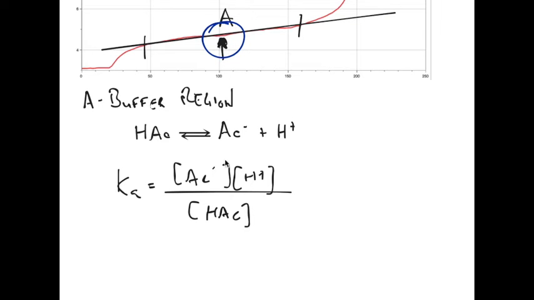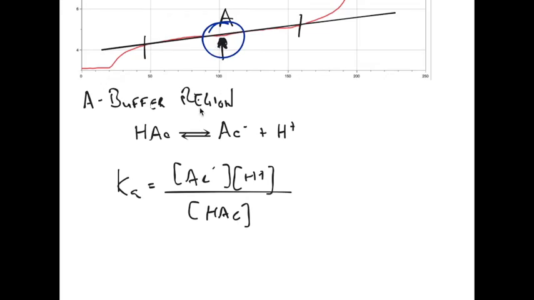We also know that we're going to have a special interest in the middle of this buffer region. That's hugely important because in the middle of the buffer region, it can absorb base being added or it can absorb acid being added. So this is the optimal place for buffering from the perspective of ability. Now in the middle of the buffer region, we're halfway to our equivalence point, which is where our acid is neutralized.